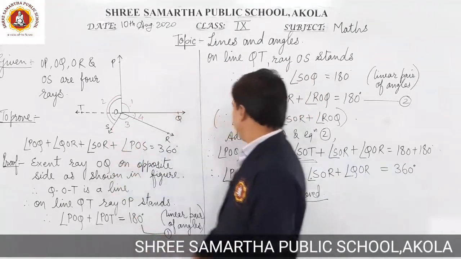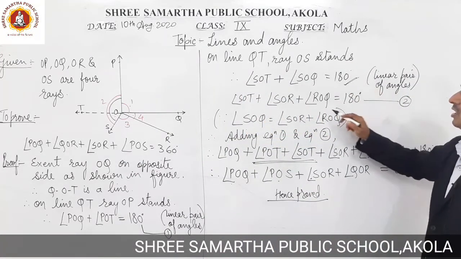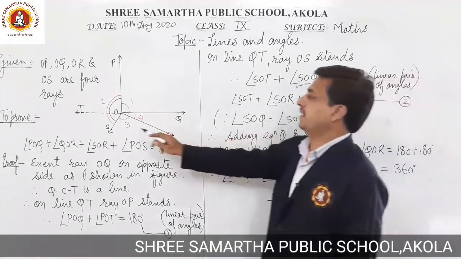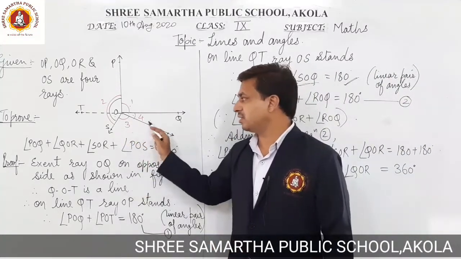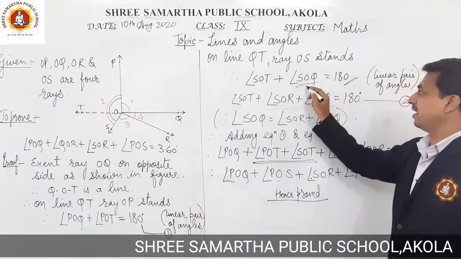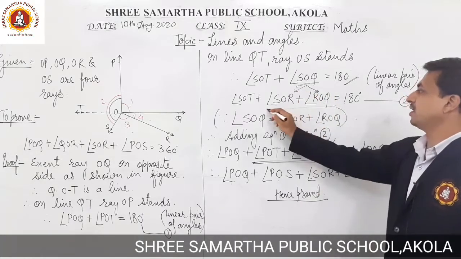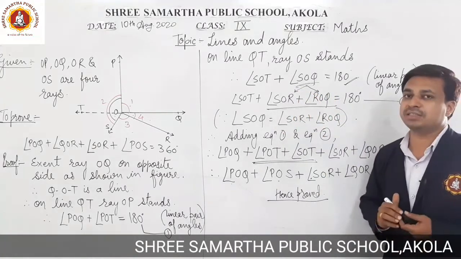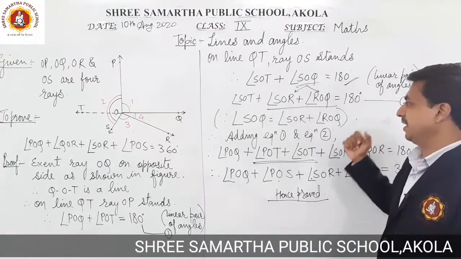Now therefore we get this equation. Now SOQ is nothing but the sum of these 2 angles. So write down these 2 angles. So we have expressed this angle as the sum of these 2 angles. Now after expressing this, we get the sum of these 3 angles as 180.